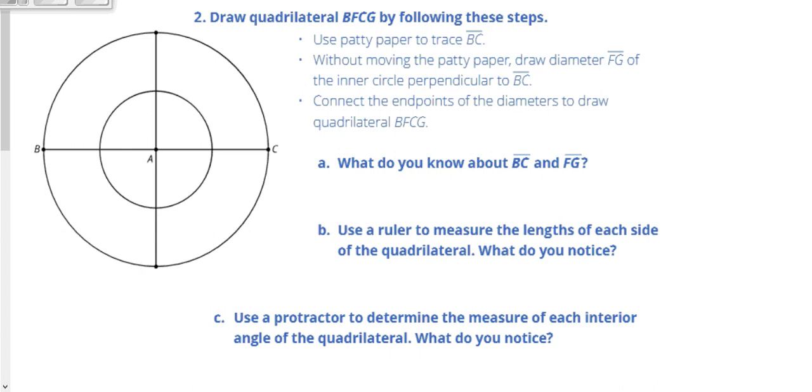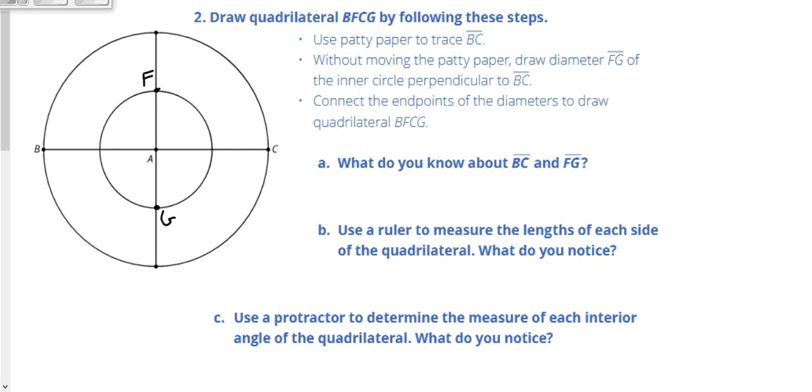They did it with the perpendicular bisectors, so all I'm going to do here is use what they have given us, and I'm going to label this point here F, and this point here G. And I'm just going to use that as my diameter of the inner circle.